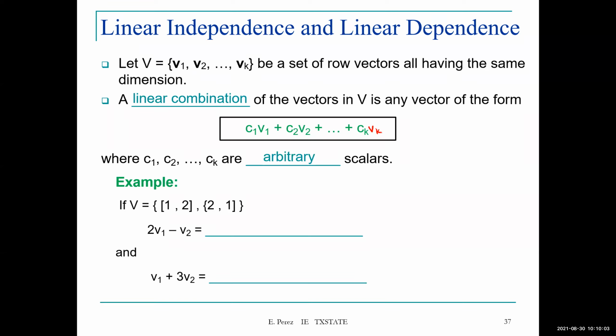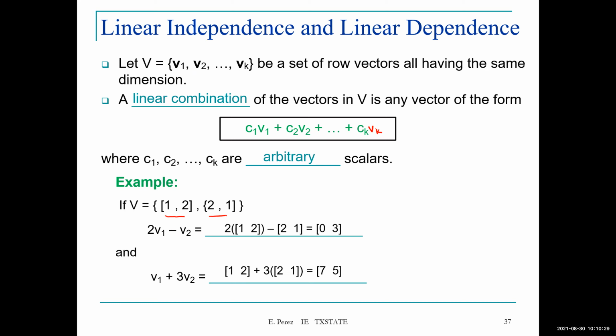So for example, we have a set V here with two vectors, (1, 2) and (2, 1). If we compute this form, basically we're subtracting these two vectors. We multiply the first one by 2 and then subtract the second vector. We obtain a new vector (0, 3).